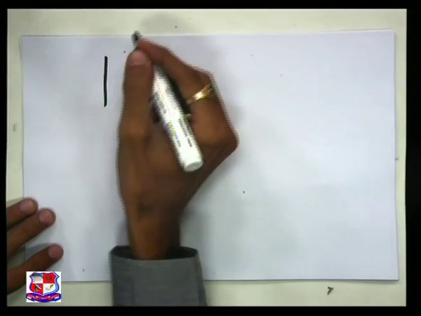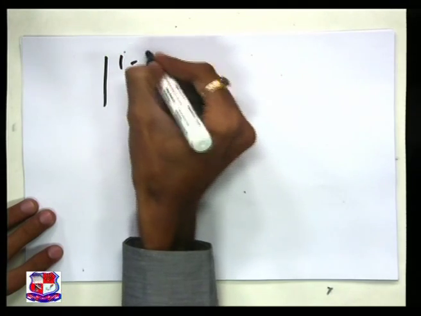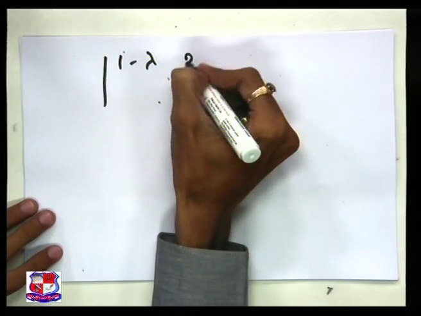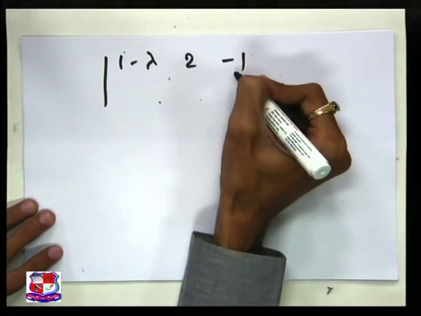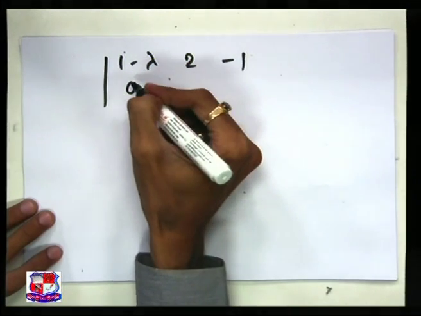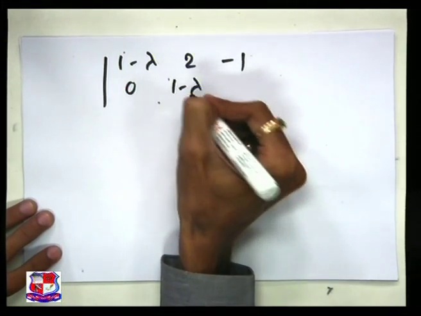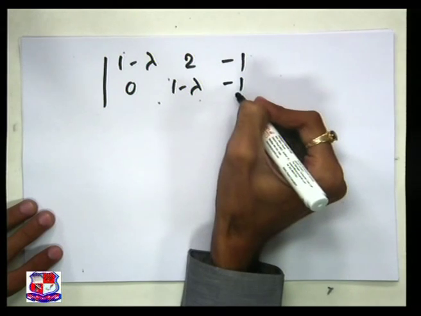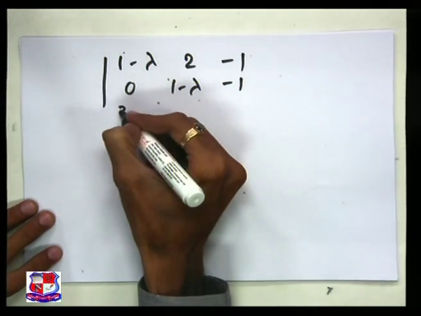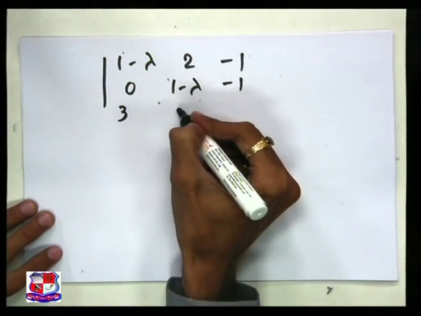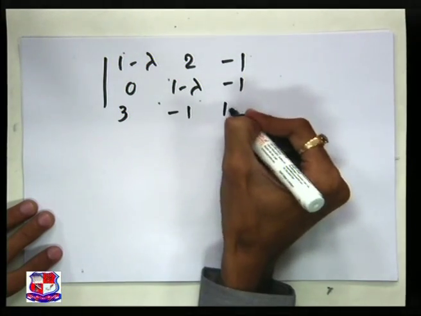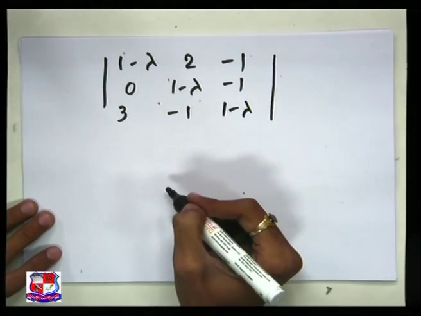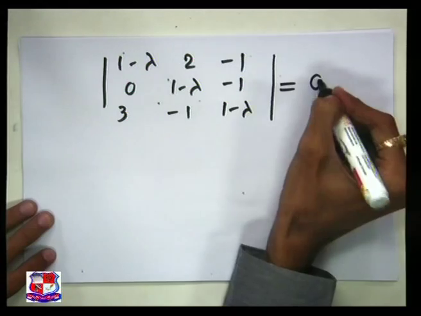We want to expand the determinant [1 minus lambda, 2, -1; 0, 1 minus lambda, -1; 3, -1, 1 minus lambda], that is equal to 0.